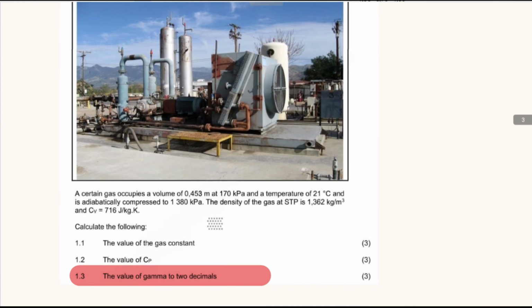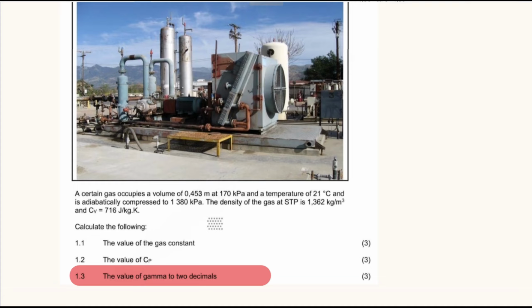Question 1.3, we have to calculate the value of gamma to 2 decimals, and gamma determines how hot a gas gets when you compress it adiabatically, and it can only be between 1 and 2. So there is no gamma which is less than 1 or more than 2. A higher gamma indicates that when you compress the gas, it gets hotter easily.